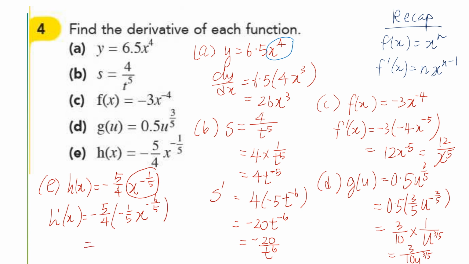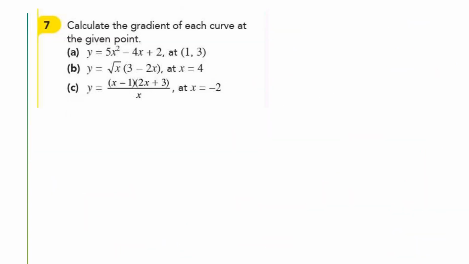Then you can use a calculator to evaluate the coefficients. So that will give you 1/4. So this is 1/4 times 1 over x to the power of 6 over 5. Multiply the numerator, multiply the denominator, and this is what you'll get. Alright, that's question 1.